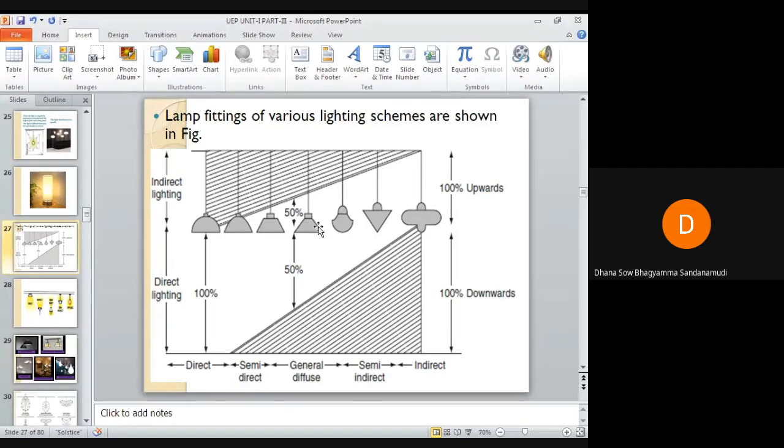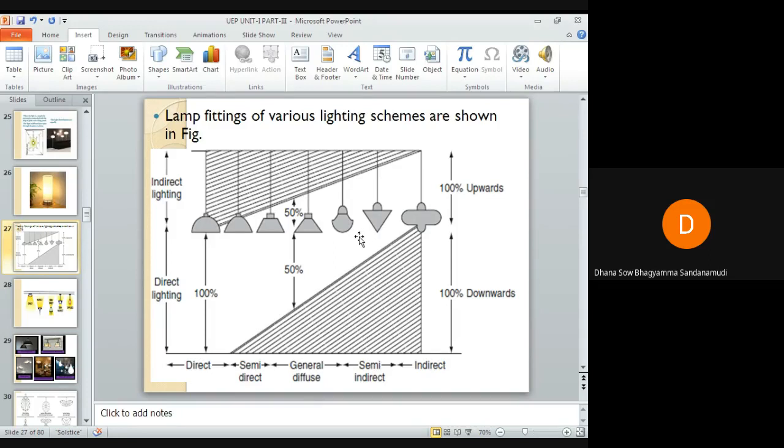Next, if you see this lamp, 50% is illuminated towards the ceiling and 50% is illuminated towards the surface, meaning it provides 50% illumination on the surface and 50% towards the ceiling. So this lamp comes under the general lighting scheme. It diffuses, meaning it evenly distributes the light in all directions. These two lamps are semi-indirect lamps.